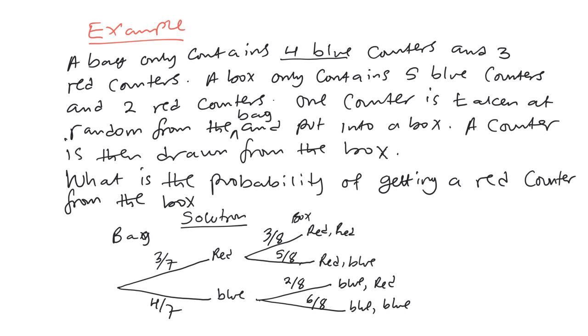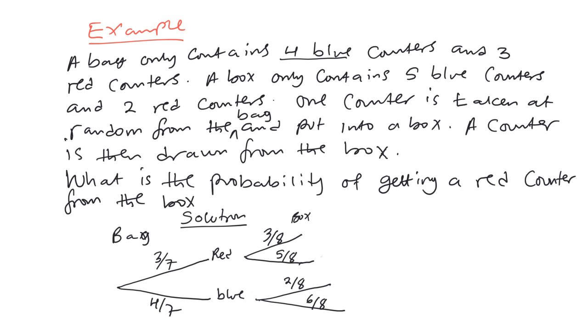Now what I'm going to do, because I didn't write this so well, the way we would write a conditional situation, let me do this. Let me erase the first one. I want to write red here. I write blue here. Then here we are picking a red, and we are picking a blue.